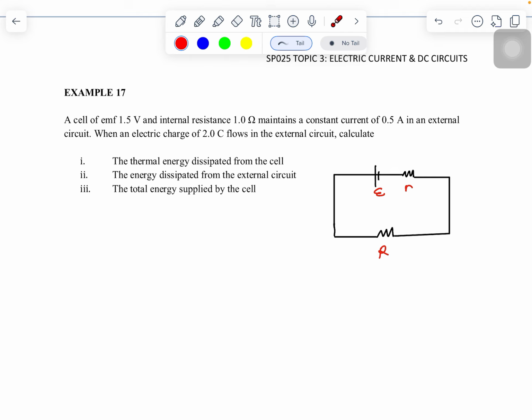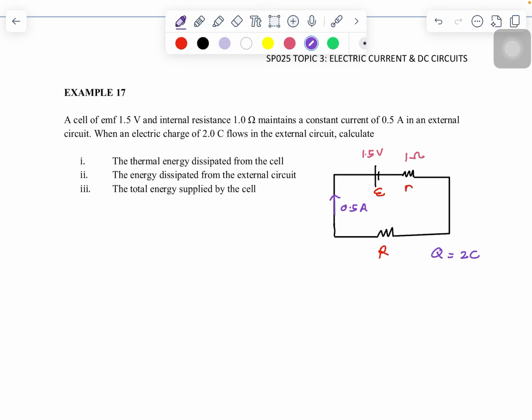Okay, so dia bagi dekat sini, here is 1.5 volt, here is 1 ohm, and then there's a current flowing. Current is 0.5 ampere, and then the charge that flows, okay, dia bagi charge Q 2 coulomb.